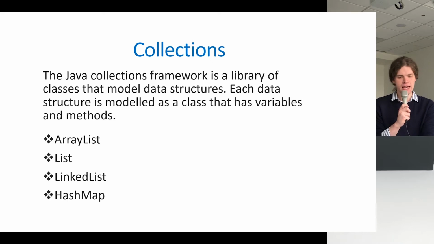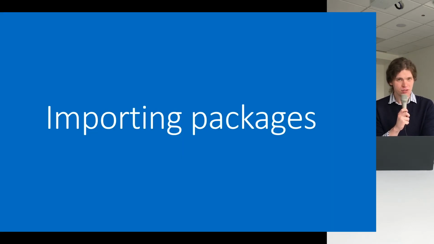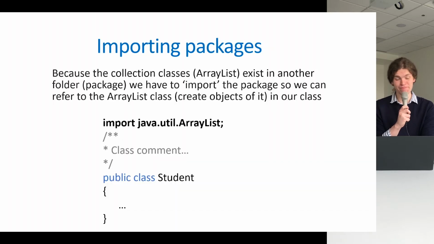Okay, so in order to be able to use classes that are contained within Java's collections framework, we need to provide a reference to them. And because these classes are contained within the Java folder, we need to import the class where it's located.